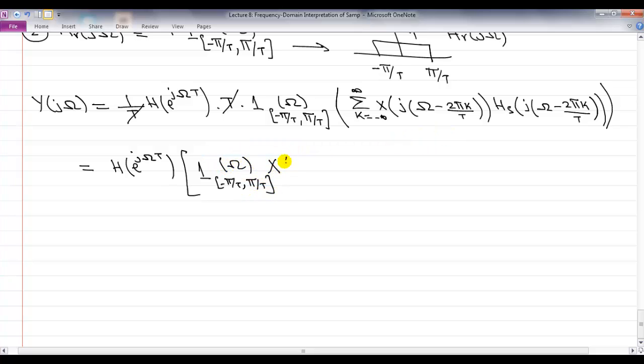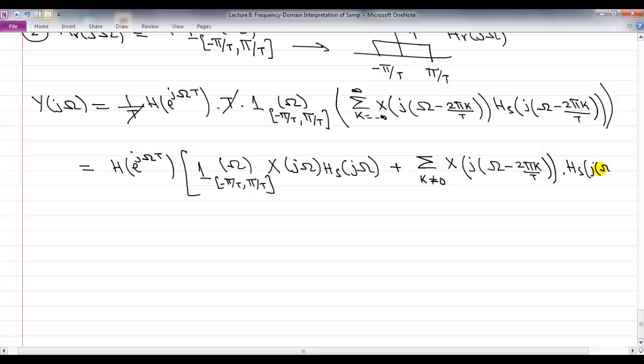At 0, it's just X(j omega) and Hs(j omega), plus the summation over k not equal to 0 of X(j omega minus 2 pi k over T) times Hs(j omega minus 2 pi k over T) times the indicator function from minus pi by T to pi by T of omega.